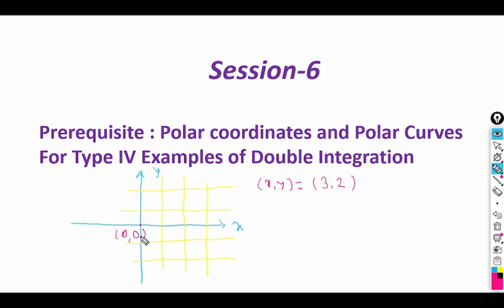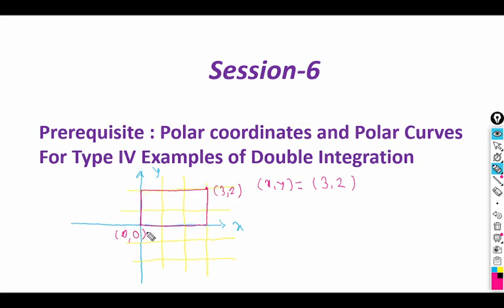We move 3 units along the x-axis, then we move 2 units on the y-axis, and we get the point 3 comma 2. We can also first move 2 units on the y-axis and then 3 units along x, and we reach the same point.